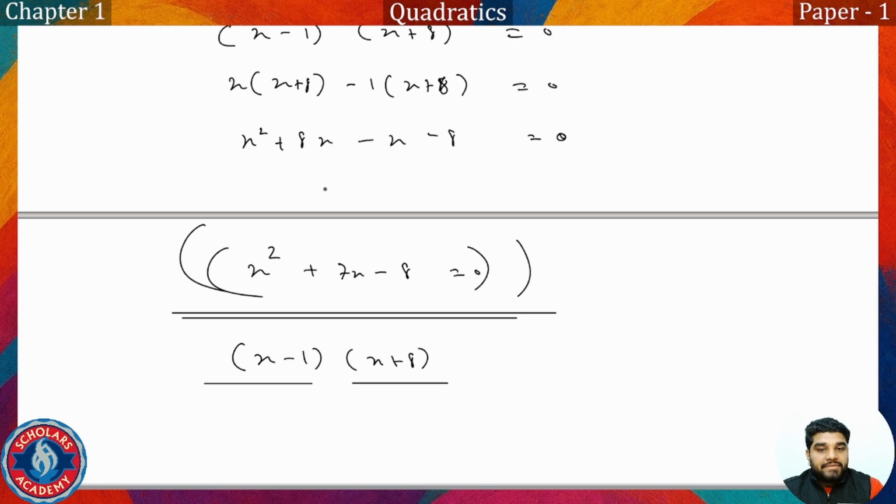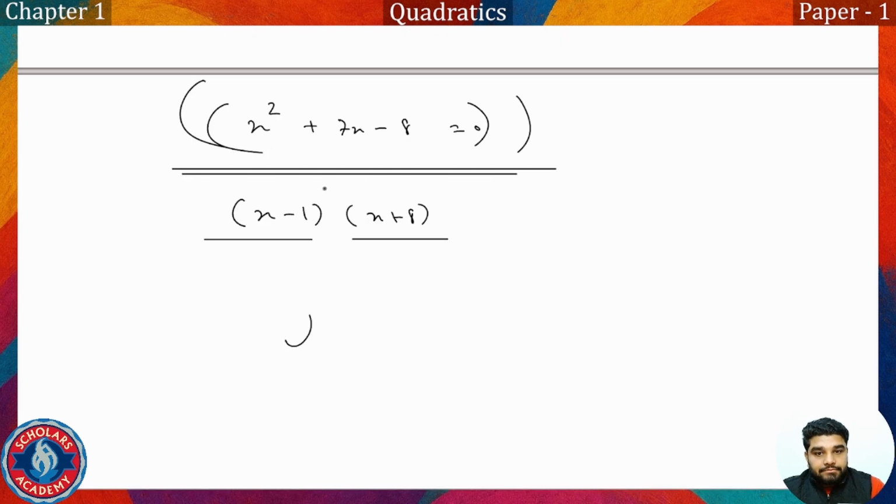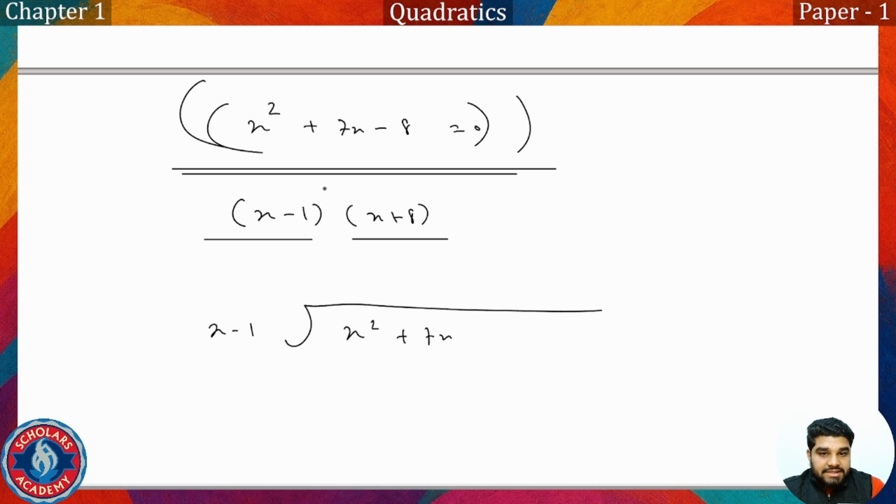Alright? If we divide this quadratic equation, x square plus 7x minus 8, by x minus 1: multiplying this with x, I get x square minus x.